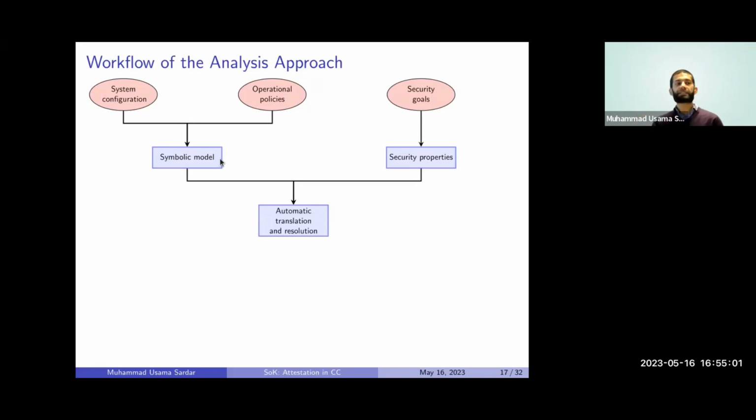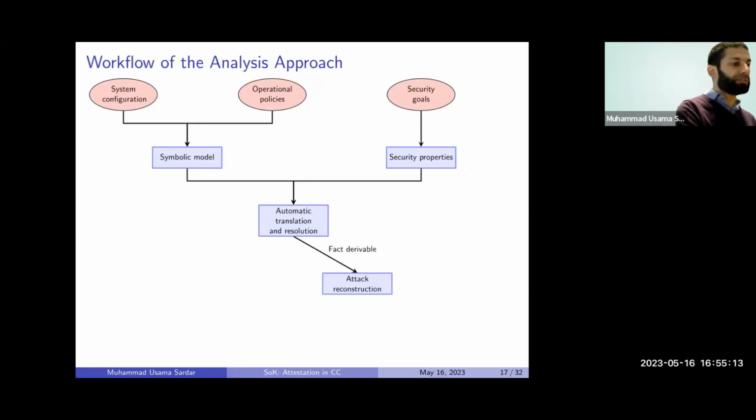And ProVerif inside, so this part is what we have to model, and now this part is done automatically by ProVerif. ProVerif automatically translates to Horn clauses and then tries to resolve them. In case the fact is derivable from these Horn clauses, it tries to reconstruct the attack at the applied pi calculus level.